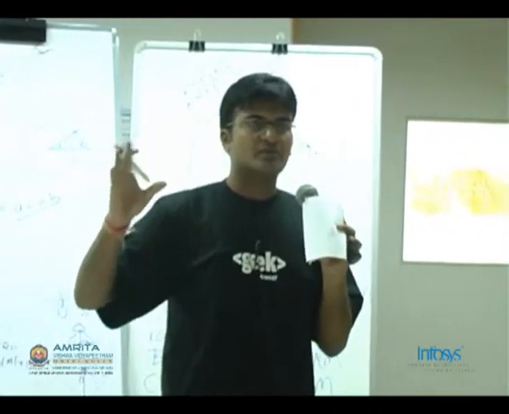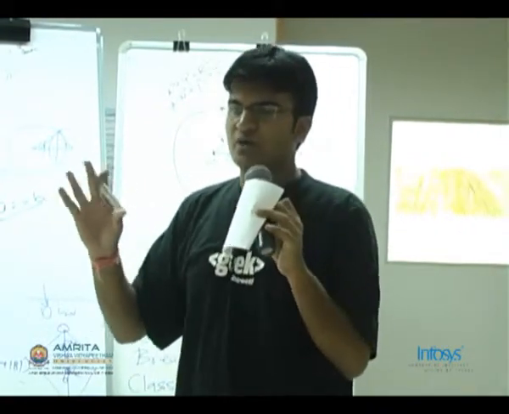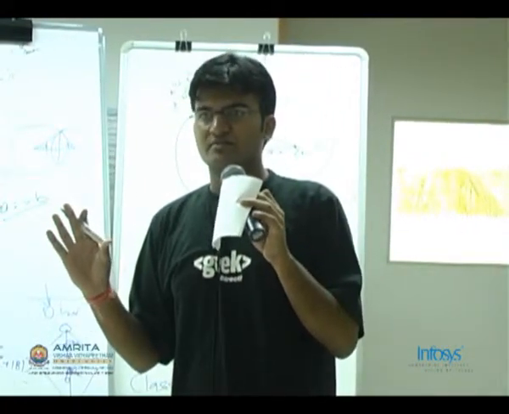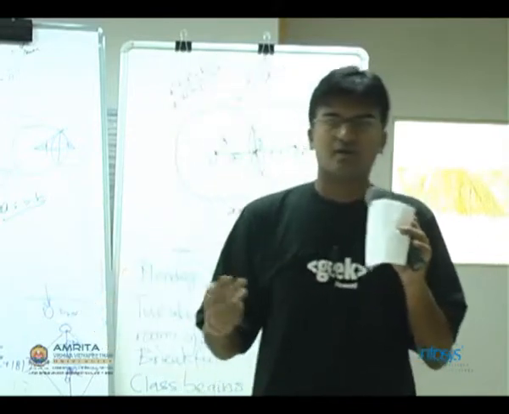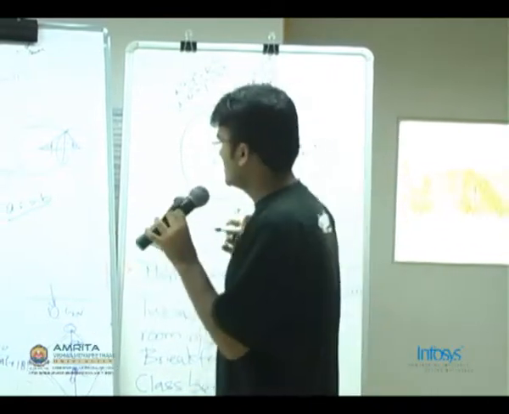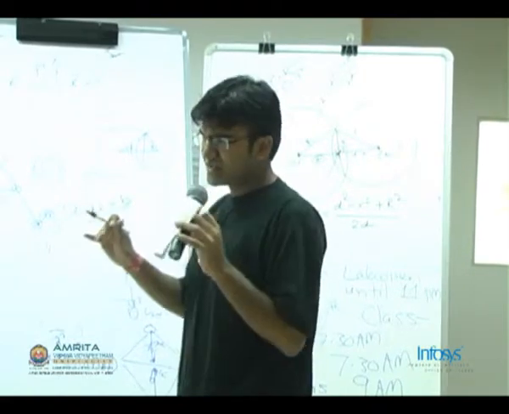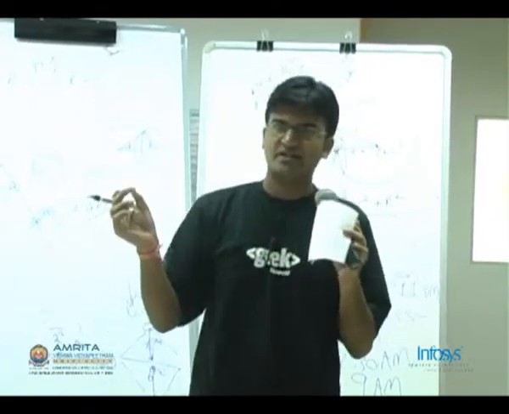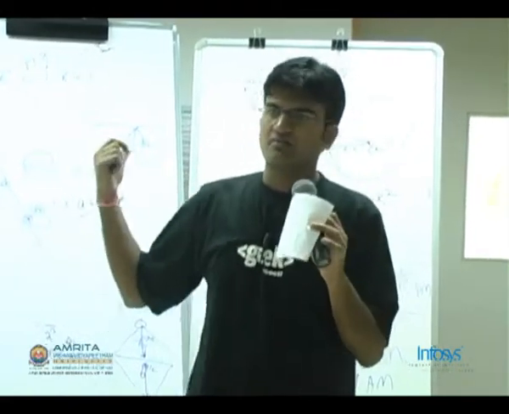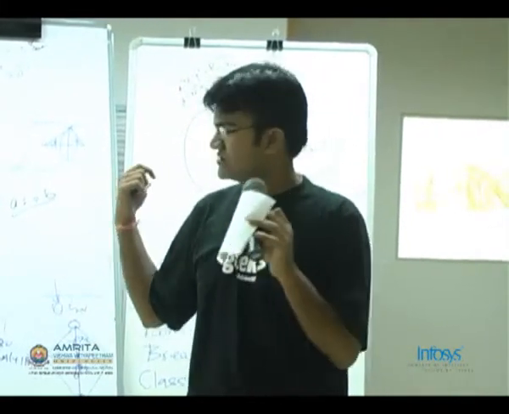So I guess you people would be aware of how a floating point number is represented in a system. So I'm assuming that you already know that. So I'll tell you a little tips and tricks on how to deal with comparisons on floating point numbers.